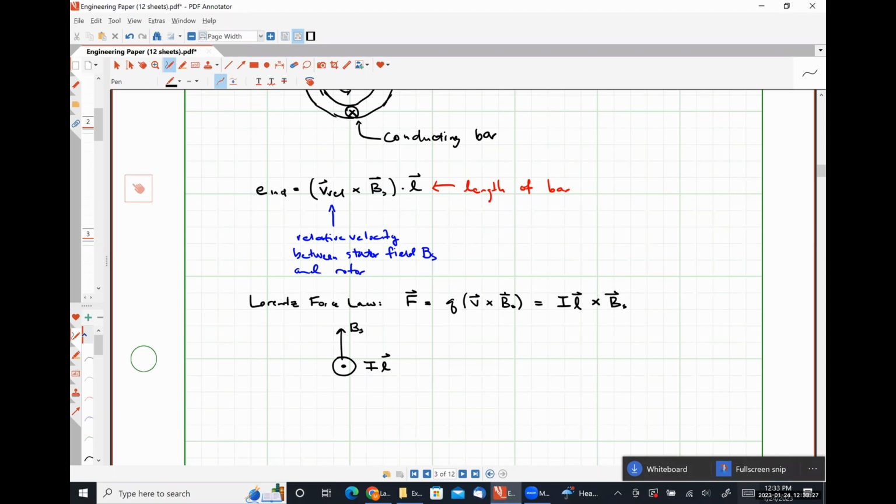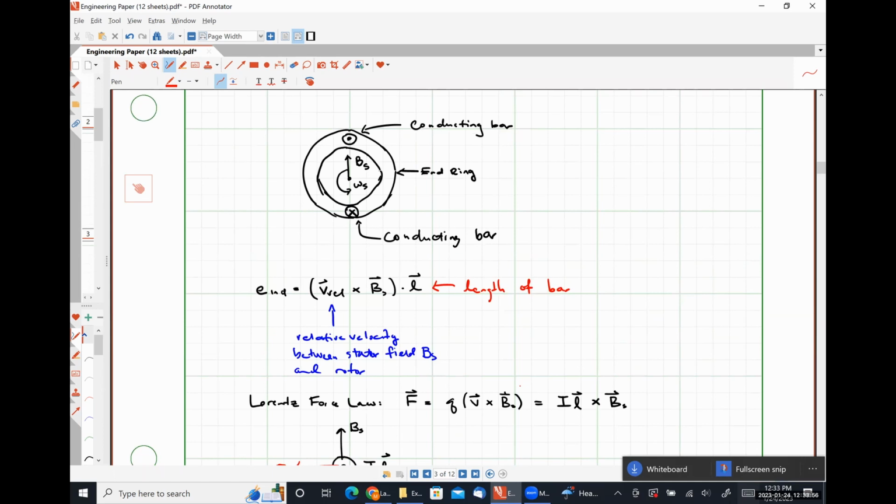So if our current is coming out of the board, that's where we use our index finger. Our middle finger is the direction of the B field, so it's directed up. And our thumb gives us the direction of the force. So in this case, our force should be directed to the left. So this is our induced force.